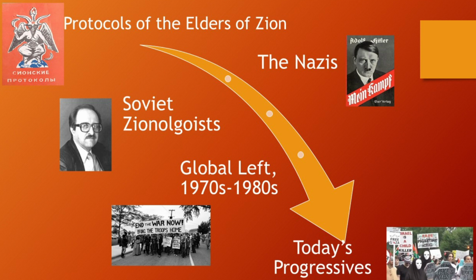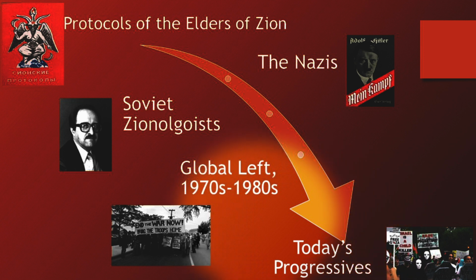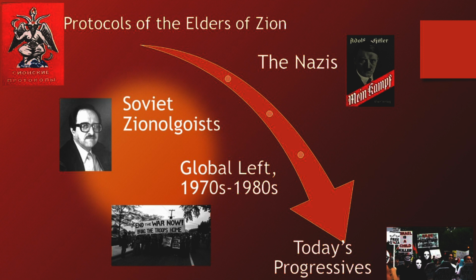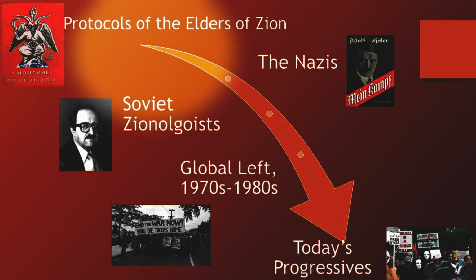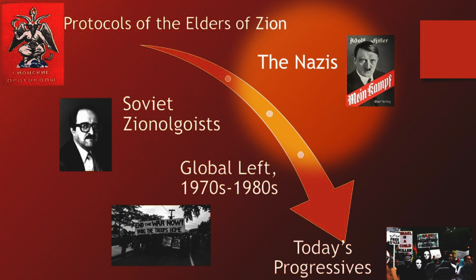So you can see at the bottom, you have today's progressives, right, with all of their slogans. They inherit them essentially from the global left in the 1970s and 80s, which gets it from the Soviet propaganda, right, Soviet Zionologists. Now, where do Soviet Zionologists get their ideas? They get them from the Protocols of the Elders of Zion. They read them from the Nazis because among them were people who worshipped the Nazis and really thought that they were right.